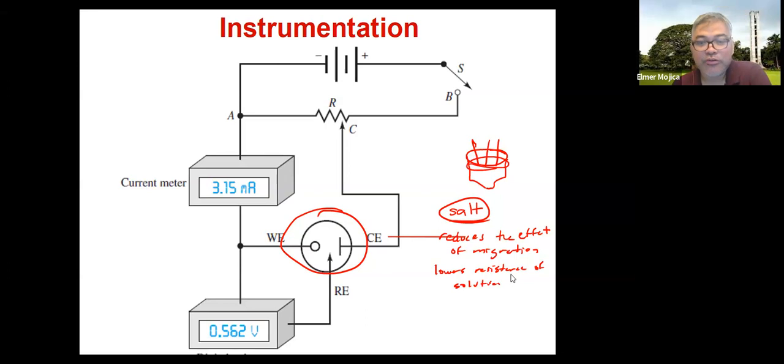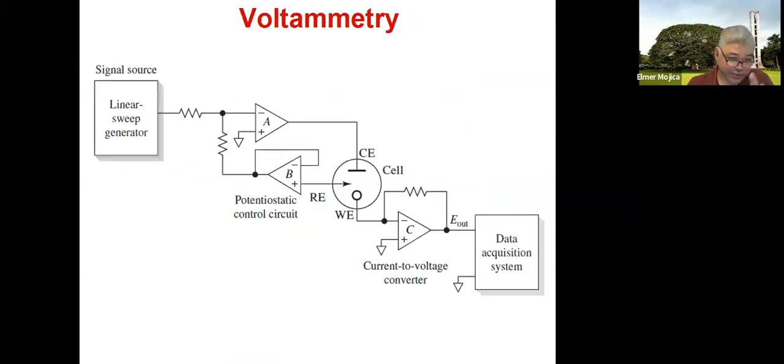So that's how the instrumentation looks like. Another way of looking at this is this one. You have here the linear sweep generator. You apply the potential out of it, and then a current is generated, which passes between the counter electrode and the working electrode.